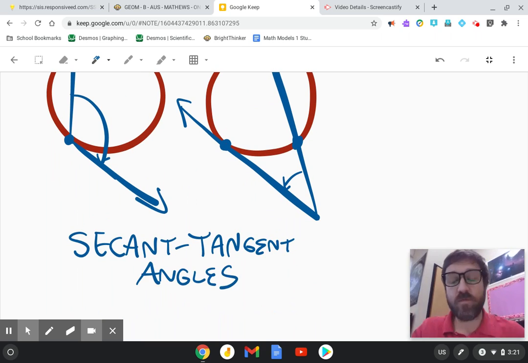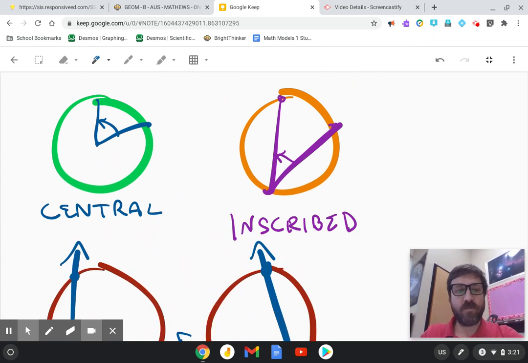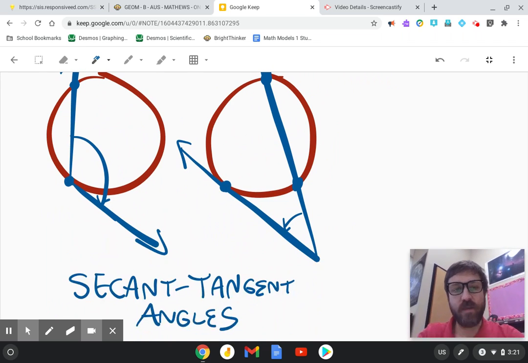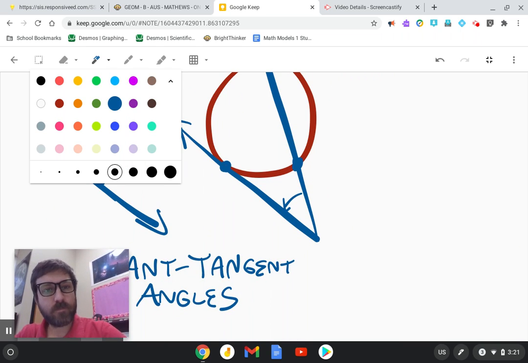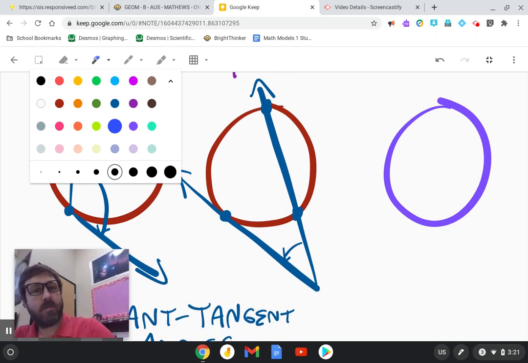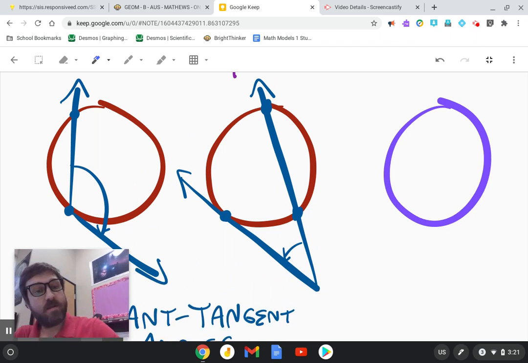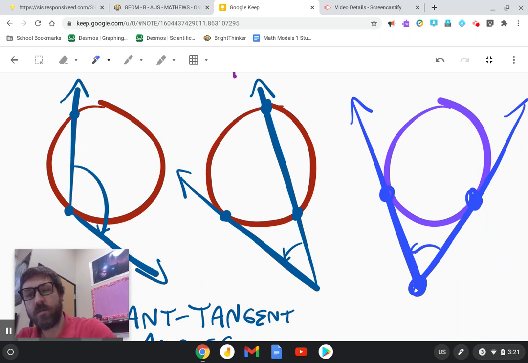So really on the test, what you have to know is, looking at a diagram, be able to identify these different types. So we have central angles, inscribed angles, and then secant tangent angles made up of a secant and a tangent. And then you also need to know about tangent angles, where both lines touch the circle in one place.